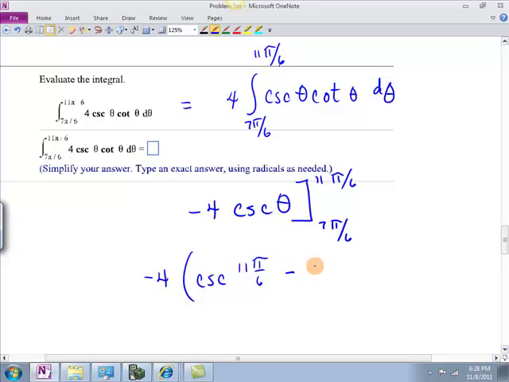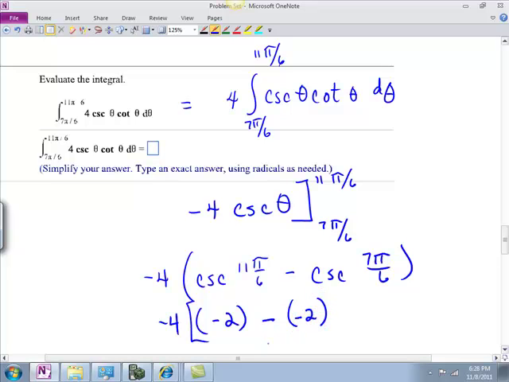Okay. Minus. Sorry. So we got negative 4 times negative 2 minus, what's this one? Negative 2 as well. So what are we going to end up with? 0.